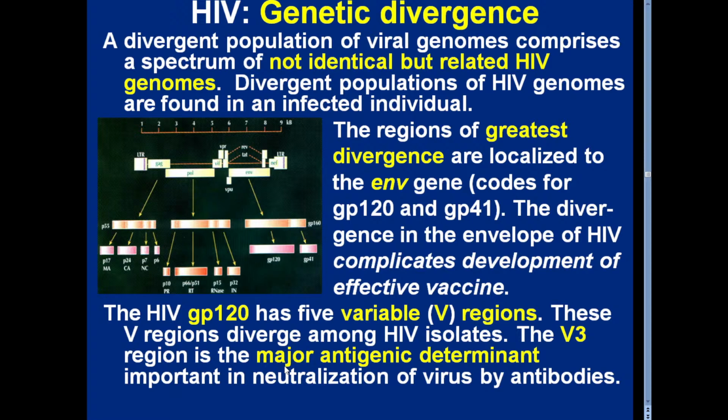This problem complicates the development of vaccines because the viruses very quickly change the main glycoproteins against which antibodies and the immune response are formed. Usually these glycoproteins have five variable regions.